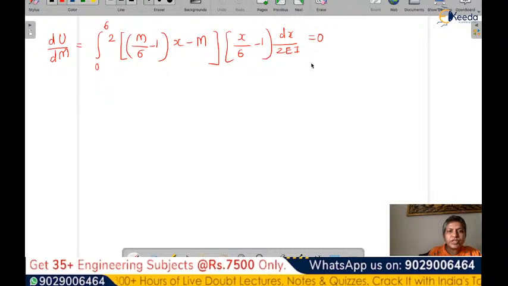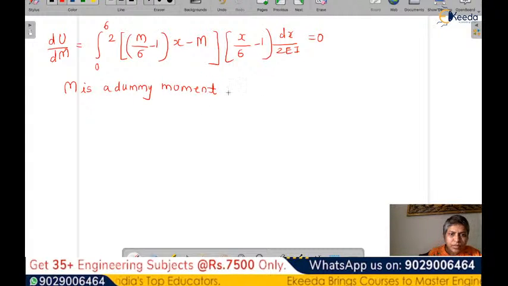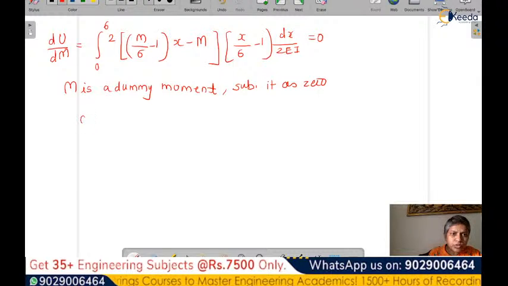So after differentiation, we are getting this particular equation. Now we know that M is a dummy moment, right? So we can simply substitute it as 0 and then do the integration. Okay, so dU by dM.